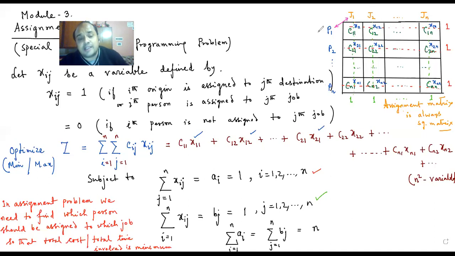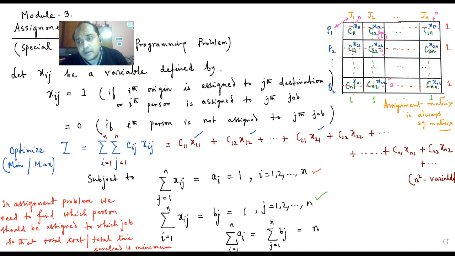So in this case, the only possibility is that we fix the value of the variable x12 to be 1, which will satisfy the column constraint and the row constraint as well. And all the other values in this row or column will be given the value 0. If I fix row 1 and column 2, the only possibility is x12 must be equal to 1.